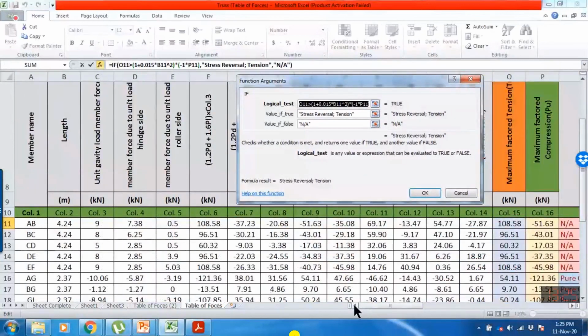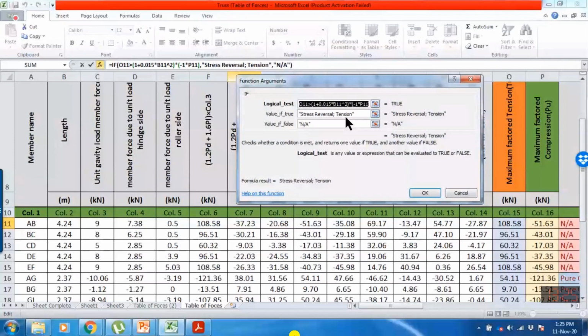B11 is the column length in meter, and we are taking the square of the length, multiplied by minus 1 multiplied by P11, which is the factored compressive force. We need to convert it into positive, and we are comparing with this O11, TU. So he is checking whether TU is more than this factor. If this condition is satisfied, he will write down stress reversal but design as a tension member.